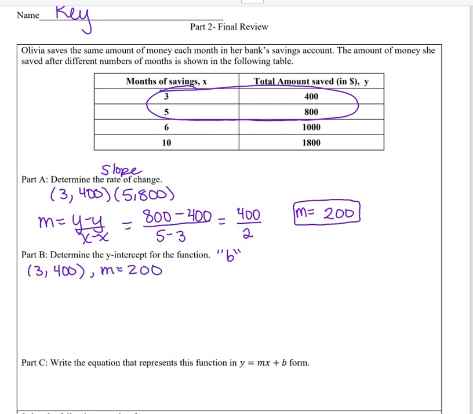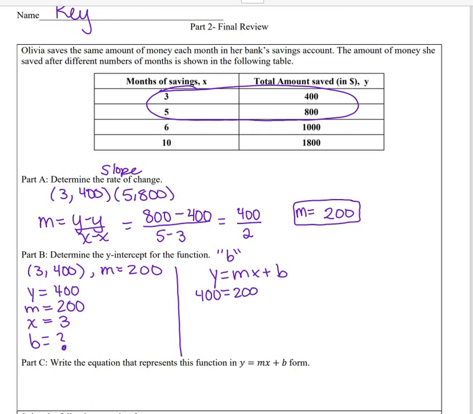So in my equation, I have y equals mx plus b. My y value is 400 when the x is 3. My b is what I'm looking for, and we just solved for m, which is 200. So I'm going to plug those values into y equals mx plus b so I could solve for b. My y value is 400. My m we just said was 200.